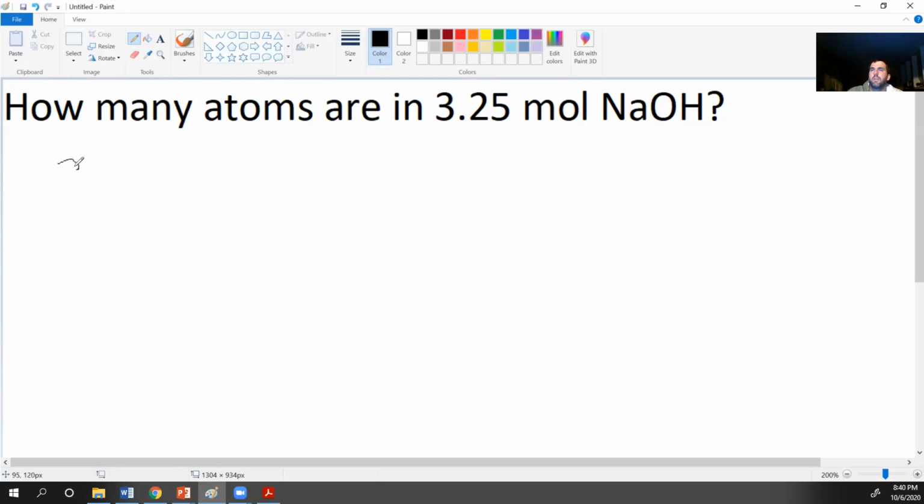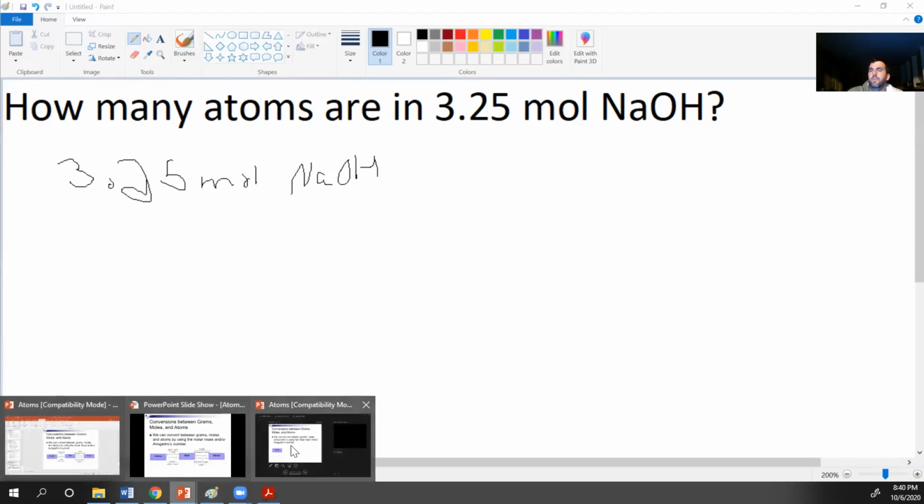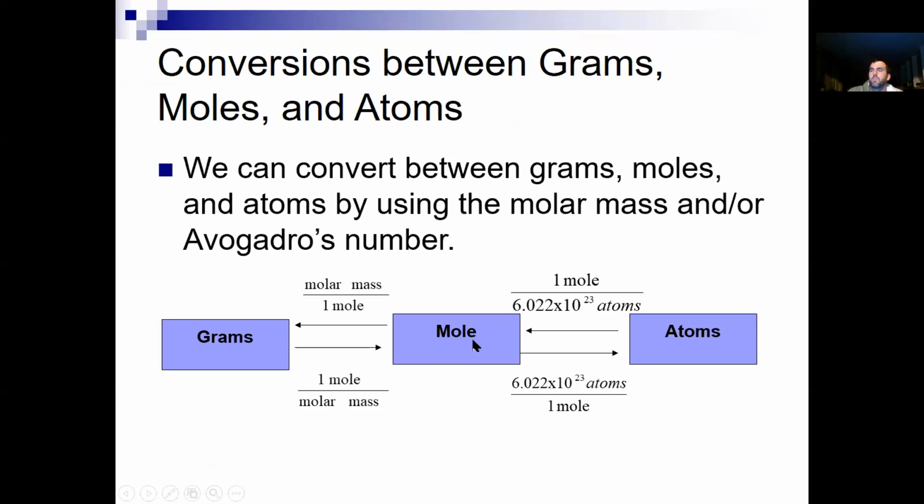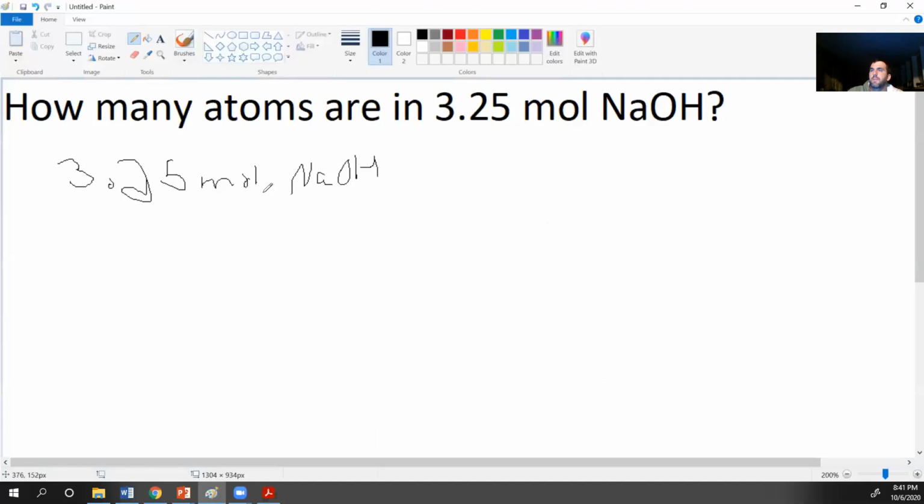I know I have 3.25 moles NaOH. Now looking back at my flow chart, I am in moles, and I want to go to atoms. So I'm going to use Avogadro's number. I'm putting that over 1. So times, moles NaOH goes on the bottom because that's what's on the top of step 1.